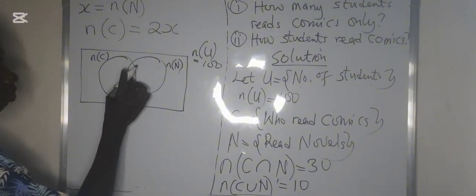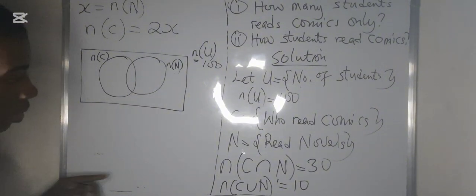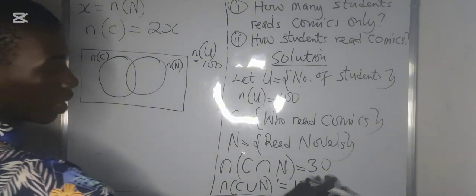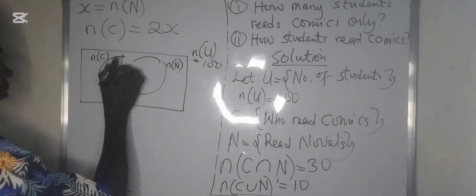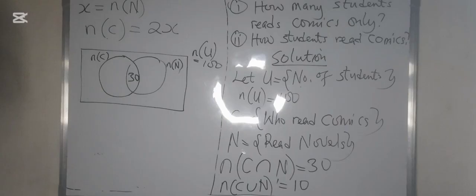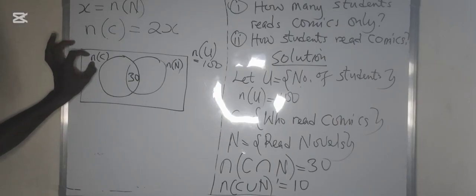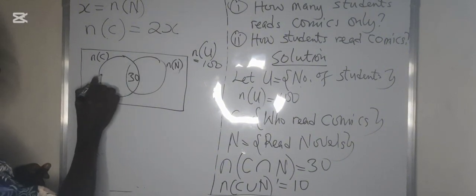So how many of them read both? The number of C intersection N, that is both, is 30. 30 read both. Now, how many students read only comics? Only comics will be 2x minus 30.